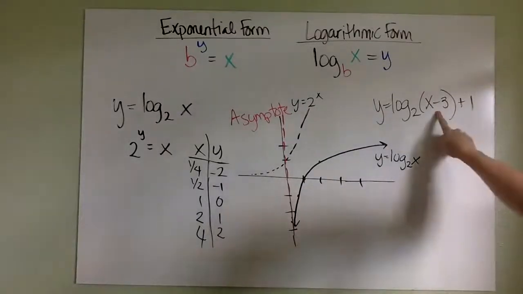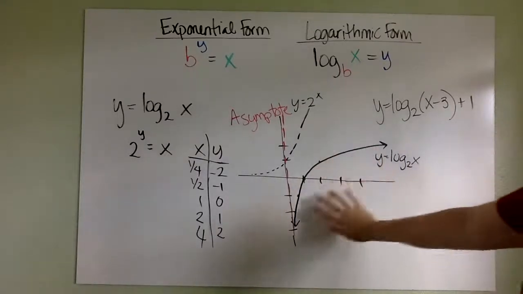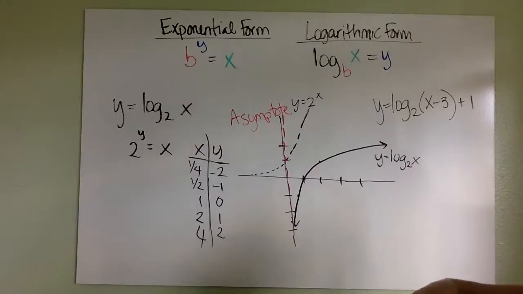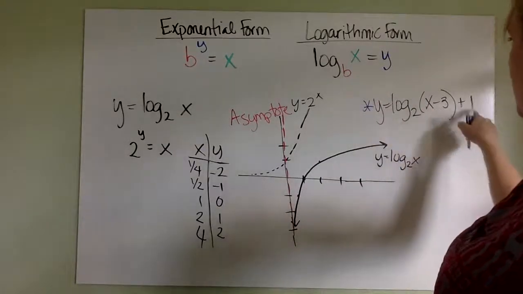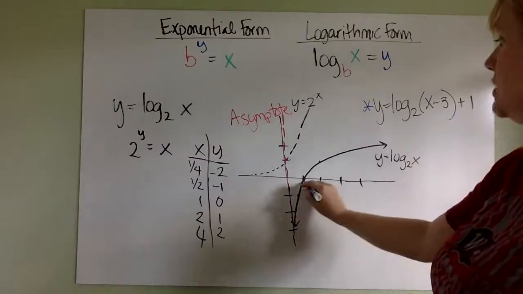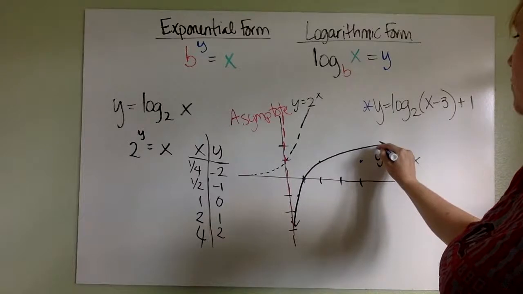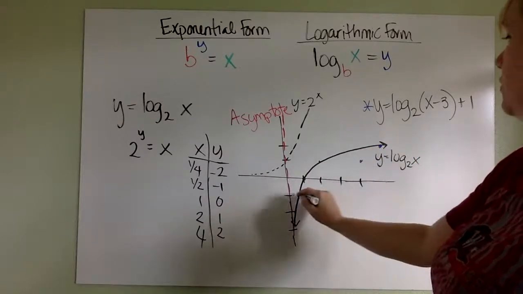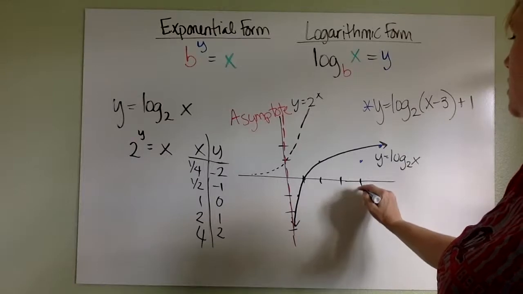Well, the -3 shifts the graph to the right 3, and the 1 shifts the graph up 1. So this graph right here that I just graphed, I'll draw it in blue, needs to get shifted to the right 3 and up 1. So I just take each of my points here to the right 3 and up 1, to the right 3 and up 1, to the right 3 and up 1.